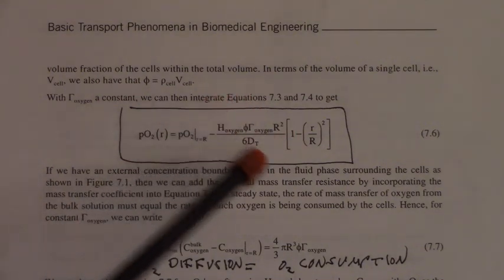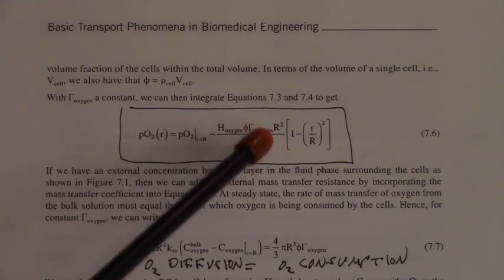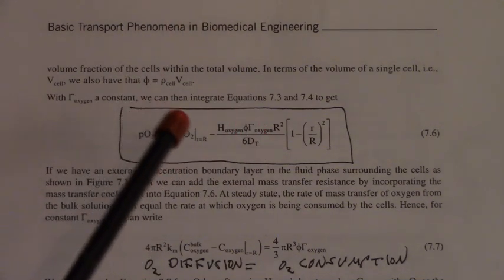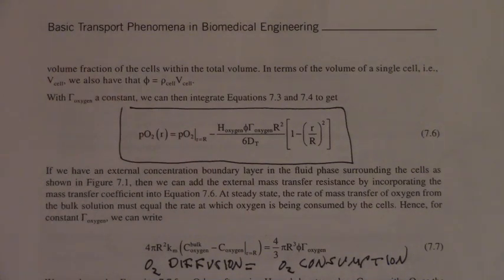From the slope of that line you'll be able to extract the value of the gamma oxygen, and the intercept of that line would be your PO2 at the surface of the Brockman body.